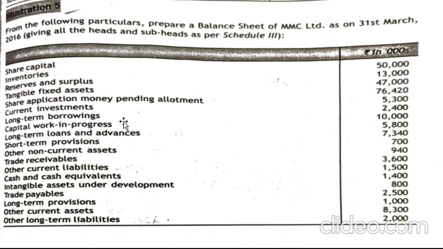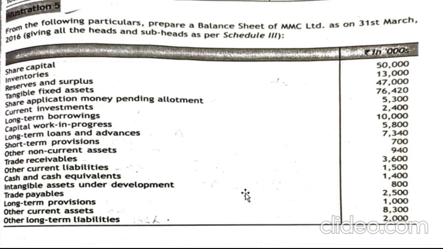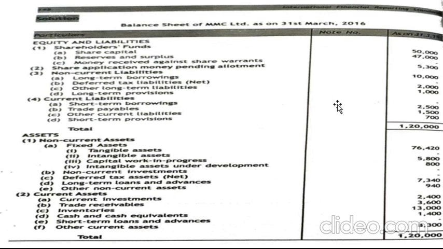Next, we have intangible assets, which is 800, so we will record intangible assets 800. Next, we see whether we have capital work in progress. Yes, we have capital work in progress, which is 5,800, so we will record it.